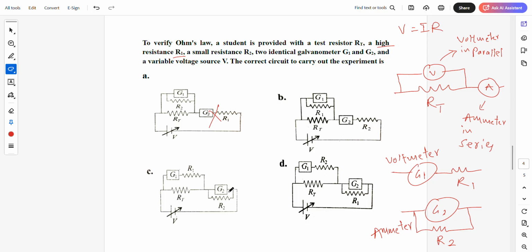Ammeter. Next, G1 R1 is acting as a voltmeter, right? And this is G2 R2, acting as an ammeter in series. Ammeter in series, voltmeter in parallel. See, this is the right answer. Hope you understood.